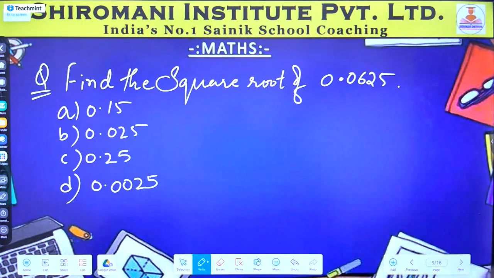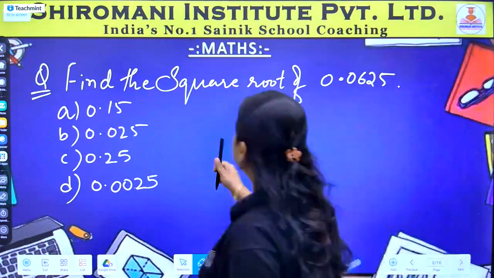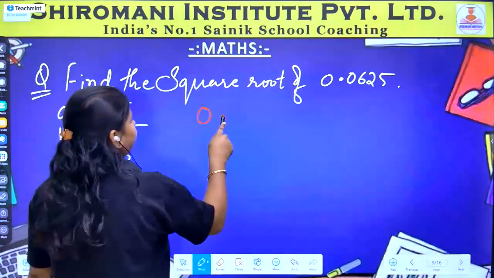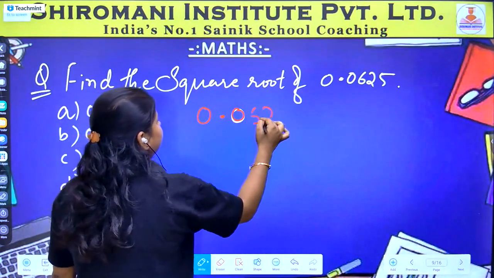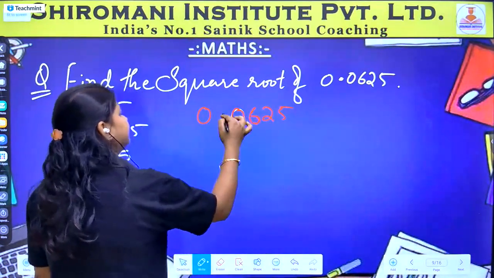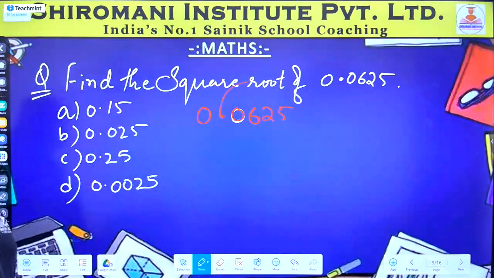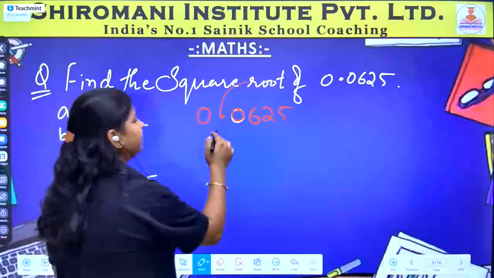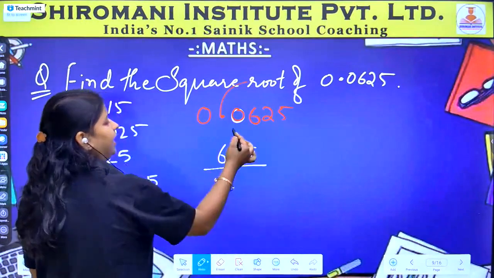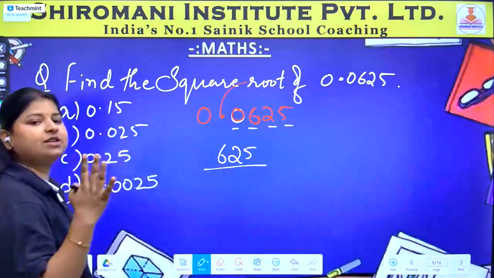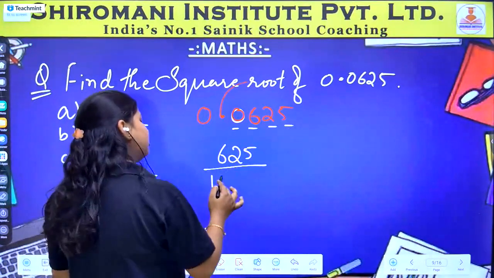Okay, see, dear. I have 0.0625, right? First step, remove the point. When you remove the point, it becomes 625 upon 10,000. 1, 2, 3, 4, four digits we have, so 4 zeros.